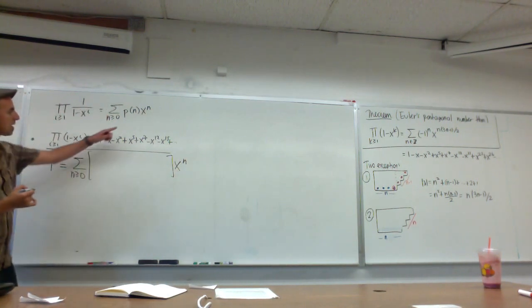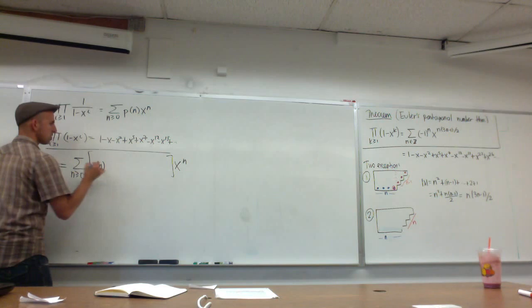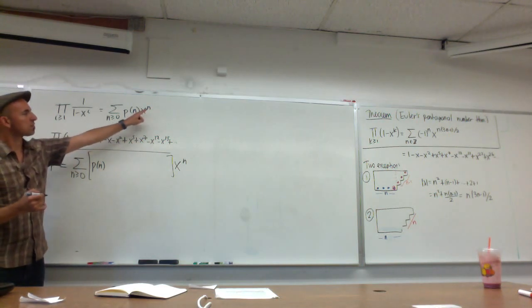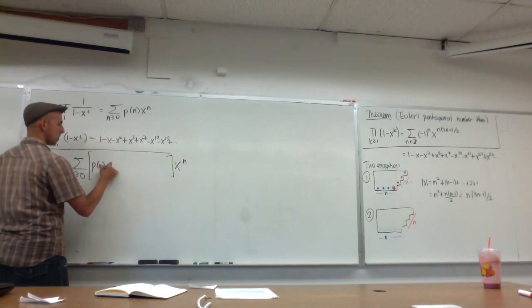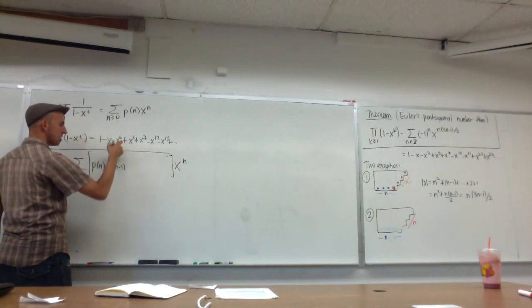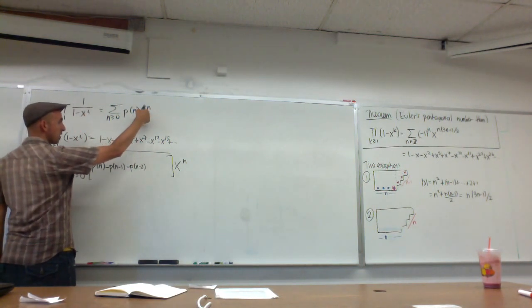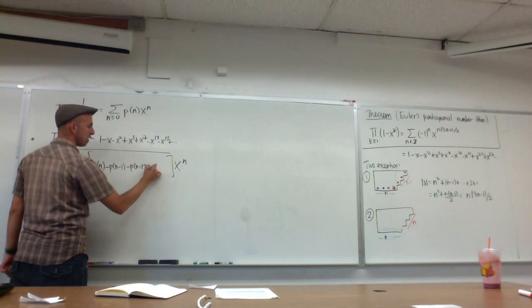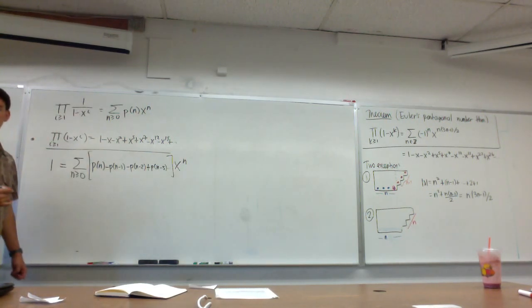Well, to get an x to the n, I can do p of n times 1, or I can do x to the n minus 1 times x. So I get minus p of n minus 1, or x to the n minus 2 times this, minus p of n minus 2, or x to the n minus 5 times this, plus p of n minus 5, etc. So what did we just prove?